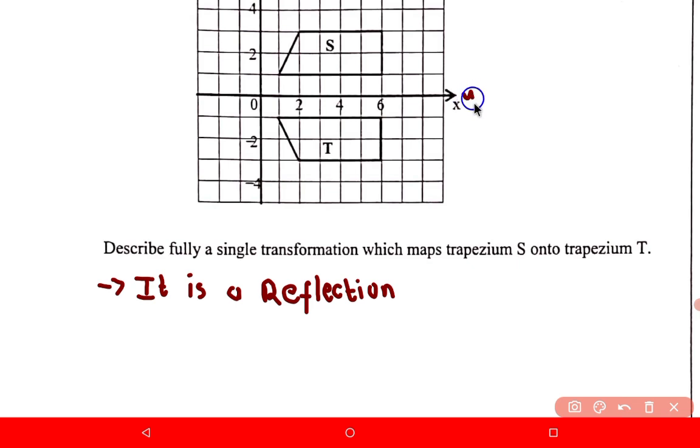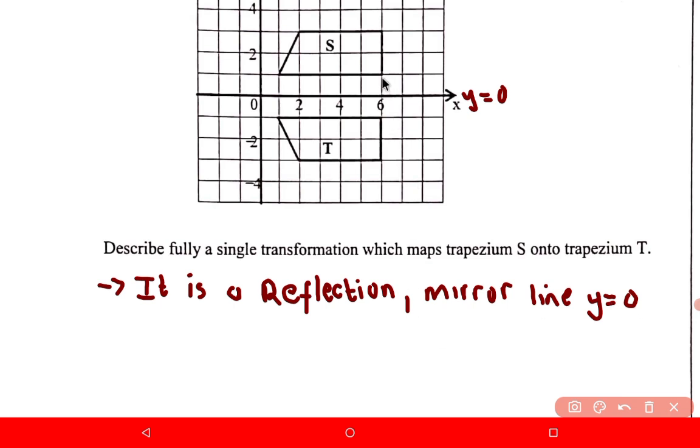The x-axis is just called y is equal to 0. So describe fully a single transformation: it is a reflection in the mirror line y is equal to 0.